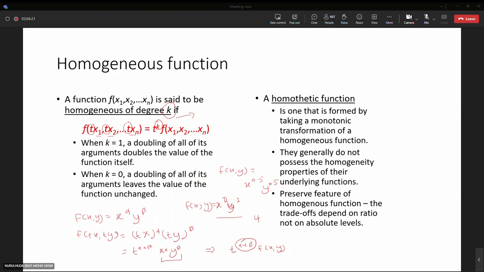When we look at a utility function, it basically represents some preference, right? And when we see preferences, we don't have a specific function. The only thing that we have is the order of preferences.